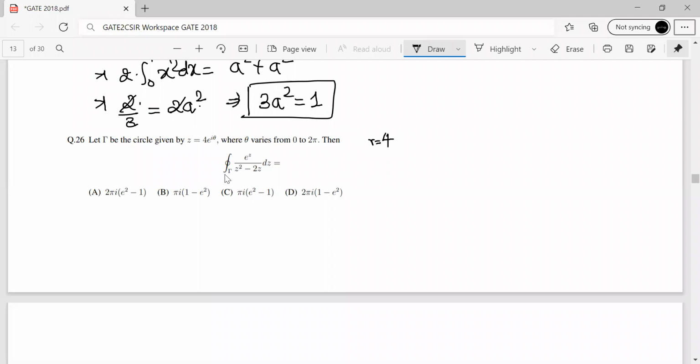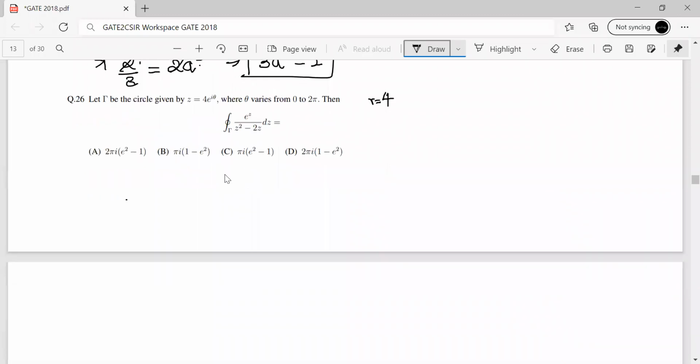So instead of evaluating this integral, let's evaluate the residue, because that will be quite easy. So let's go and evaluate the residue here, because we know that the integral over C of f of z dz is nothing but 2 pi i times the sum of all residues.